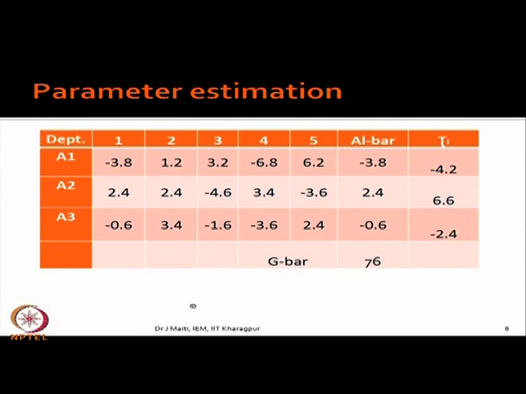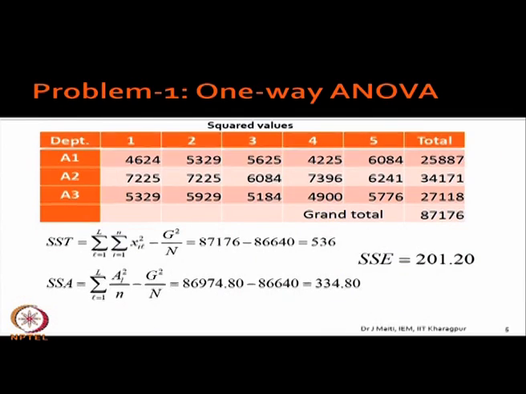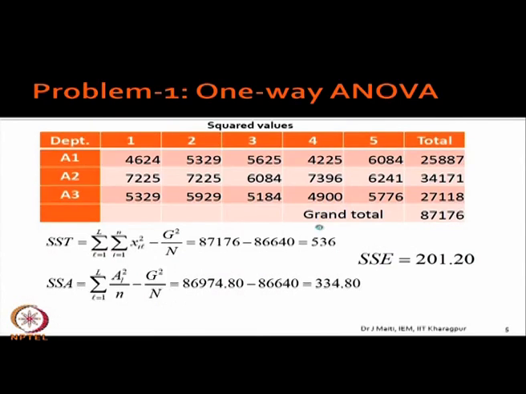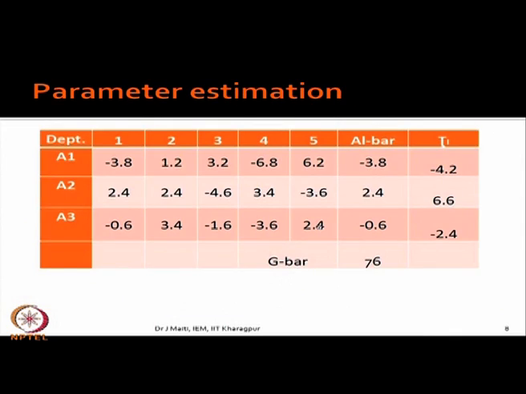Now let us see this for the data points we have discussed here. These are the data points given. Now with respect to this, we want to see all the parameters. Here tau L, that is tau 1, tau 2, tau 3.